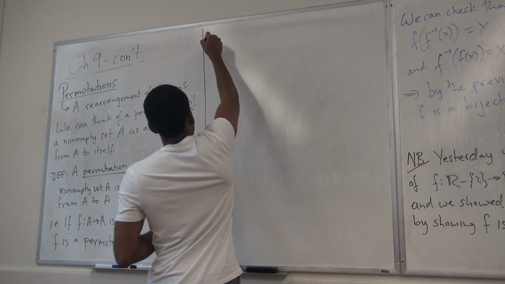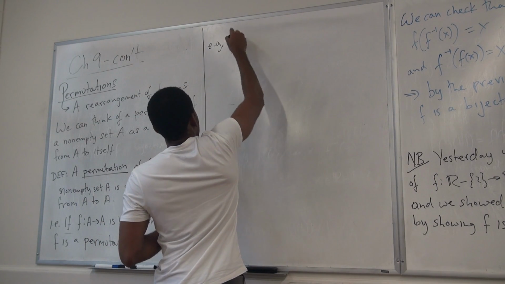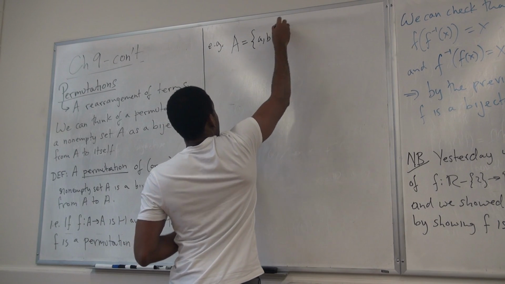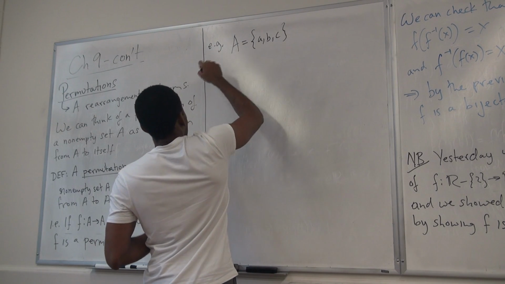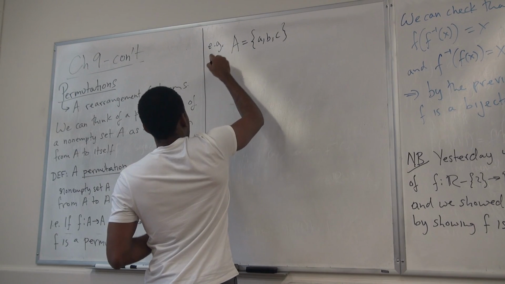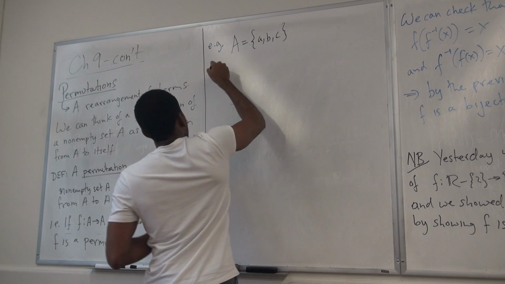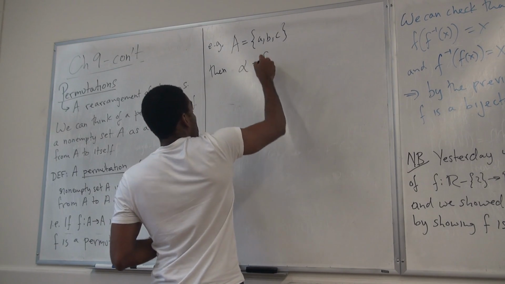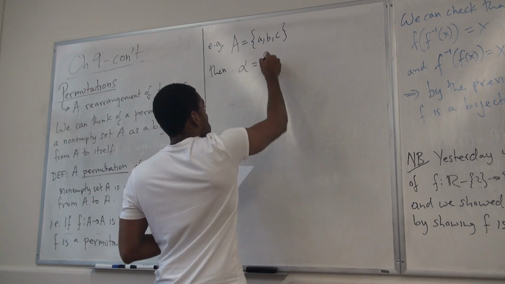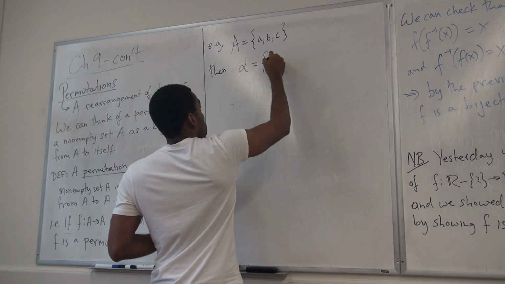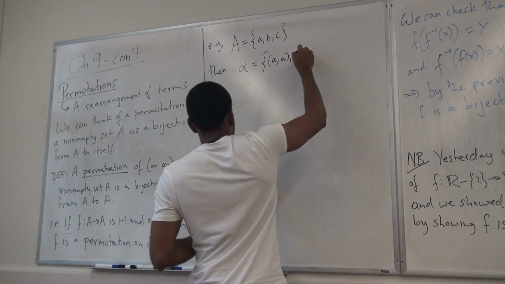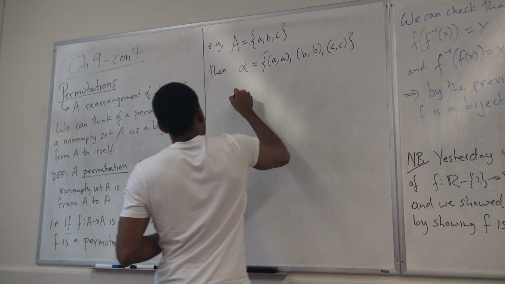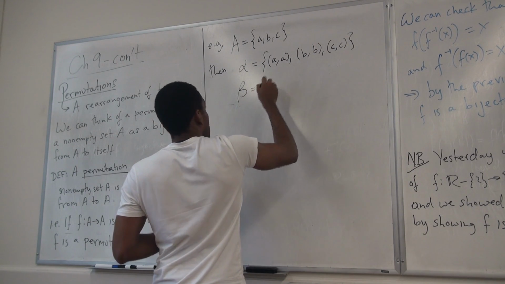So for example, let A be the set {A, B, C}. Look at the function alpha, which is typical to use, mapping A to A, B to B, C to C, or anything with beta.